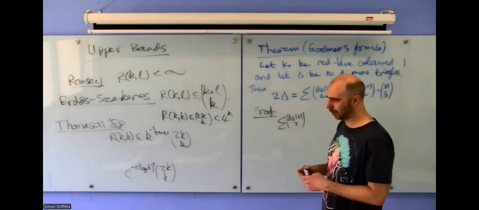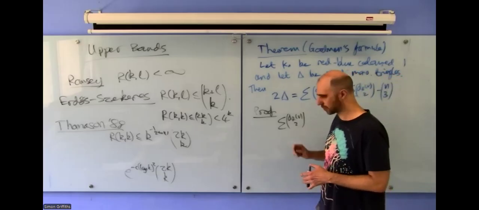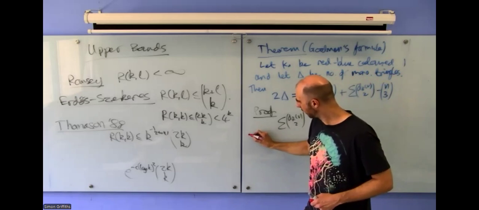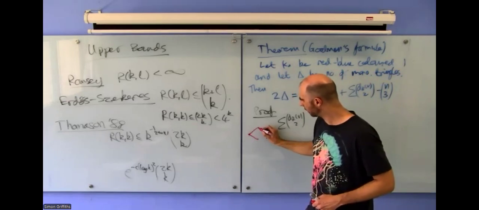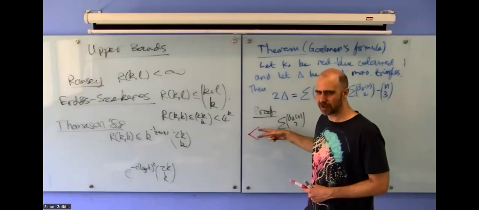You can think of all the triples that you count here, because you count a vertex having 2 distinct red neighbours. The third edge could either be red or blue.